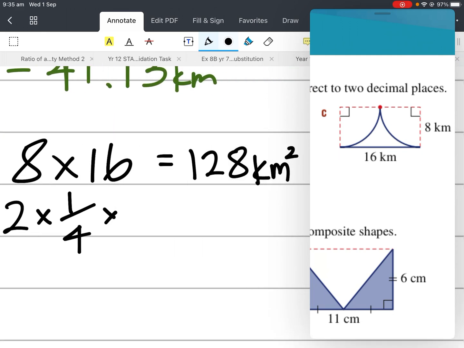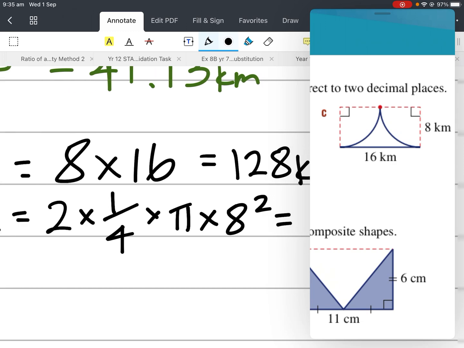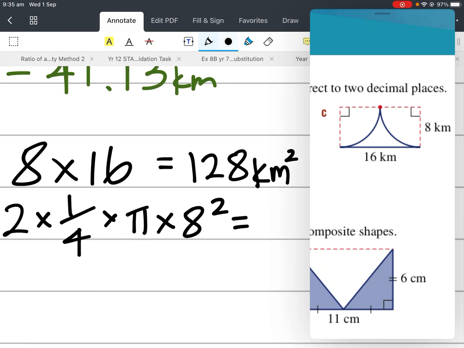So I need to use pi r squared. pi times radius squared. Now we know that the radius is half of that 16, so it's pi times 8 squared. So let's do that in our calculator. 2 times 0.25 times pi times 8 squared, 8 times 8 is 64, equals, alright, to 2 decimal places.